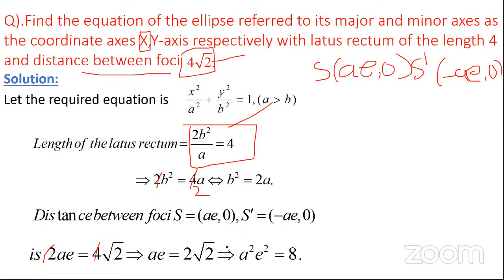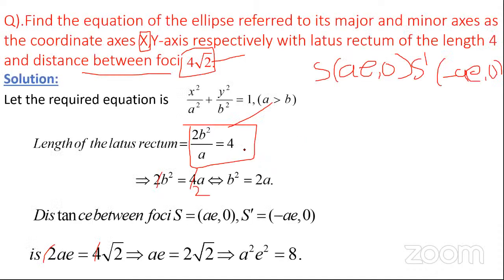Squaring on both sides, you get a square e square equal to 8. We know that b square equals a square of 1 minus e square, that is b square equal to a square minus a square e square. The value of b square is 2a, so 2a equals a square minus a square e square.